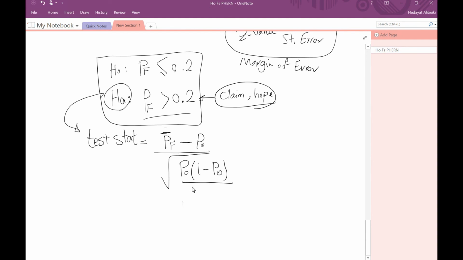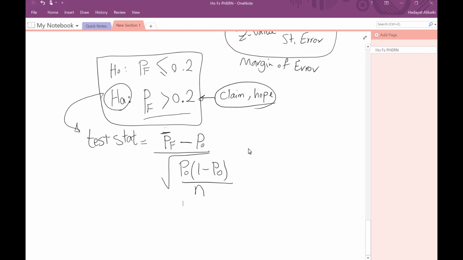And the hypothesized value here is 20%, the number in our hypothesis, the number that we want to test if it's equal to or not. So that's our test statistic.